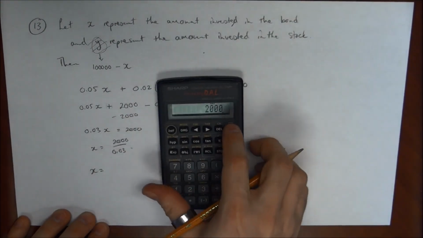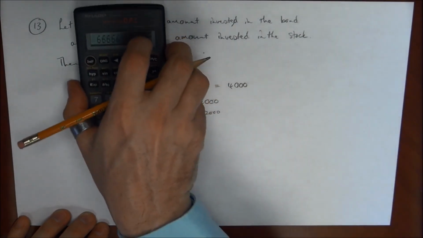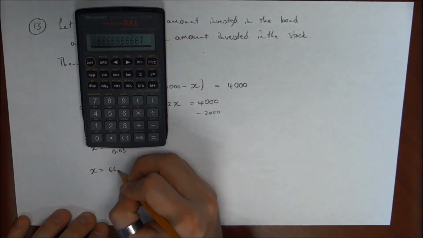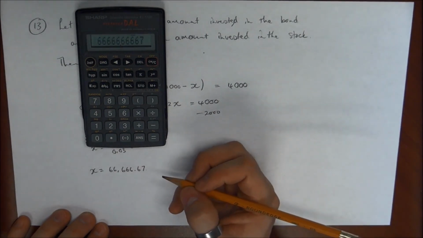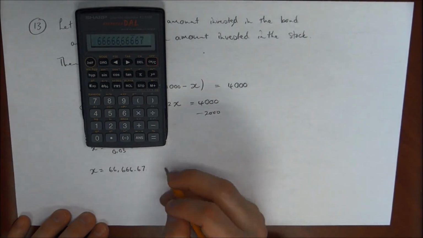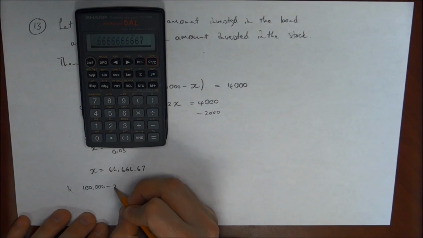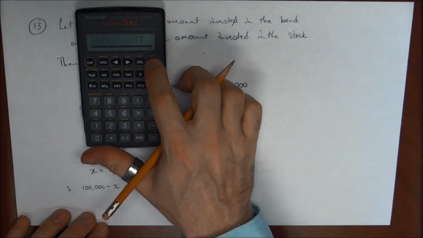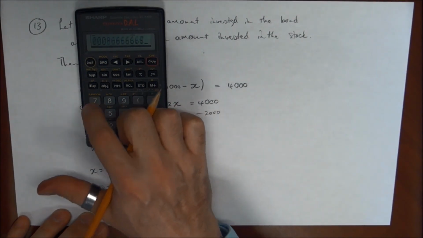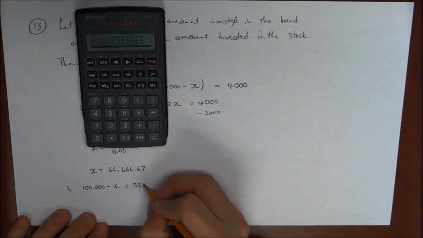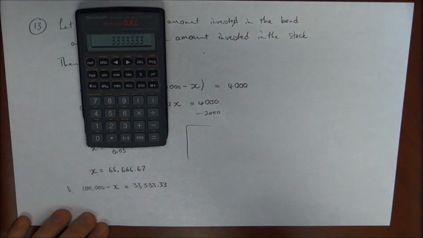X is equal to 2,000 over 0.03. It's going to not be the prettiest number. 66,666.67. We'll have to round it. And then 100,000 minus x would be 33,333.33. So let's summarize here.